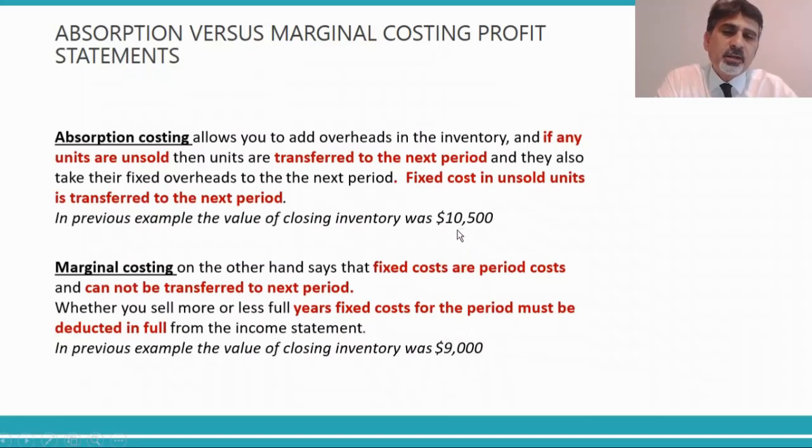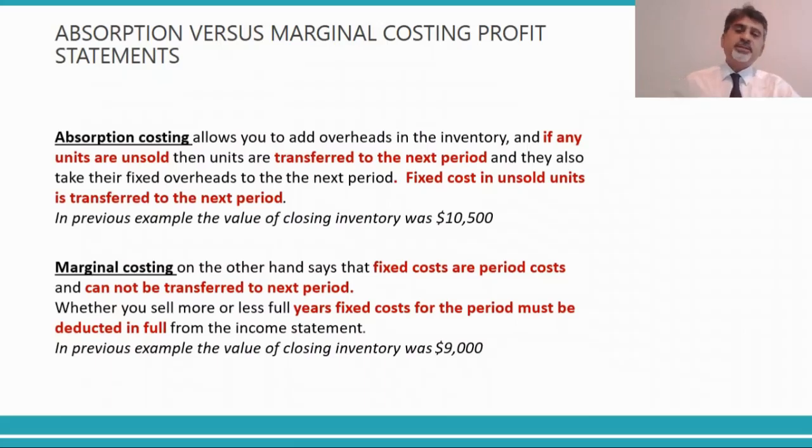So what absorption costing allows you, in general, is this: some of the fixed cost which you already have paid, like rent, insurance and depreciation, you add into the unit of output, like $5 you add into each table, and then these tables you transfer to the next year, and some of the fixed cost also transfers to the next year. Because you are transferring some of the cost to next year, therefore your profit was more.